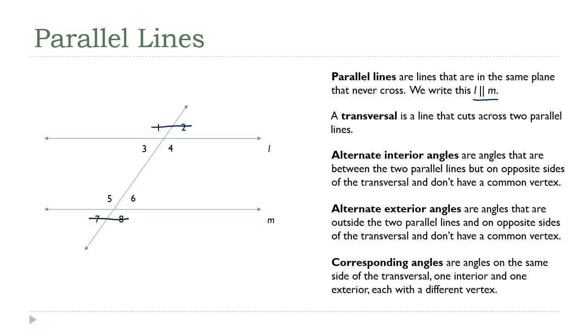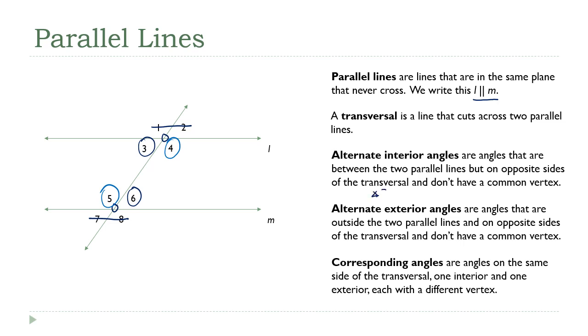So that means 3 and 4 can't be alternate interior angles because they have this common vertex here. Similarly, 5 and 6 can't be alternate interior angles because they also have a common vertex. So what that leaves us with are angles 3 and 6, that's one pair, and angles 4 and 5, that's another pair. So let me start making a list here.